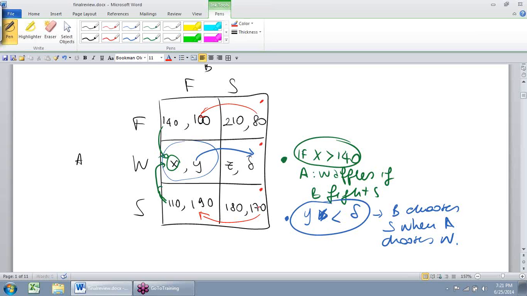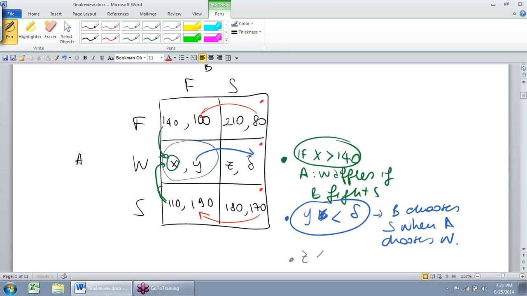So this will not be for sure a Nash equilibrium. So basically, we need to find Z such that there is no arrow coming in for player A. But when is the case when A would prefer to play waffle?